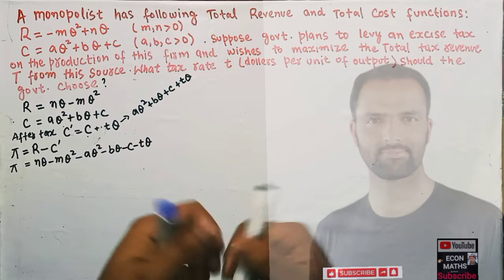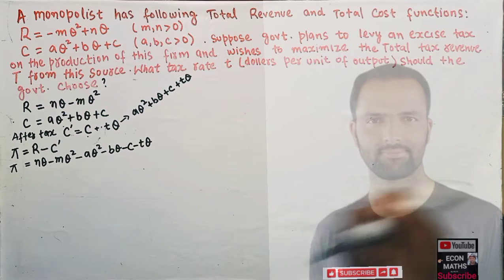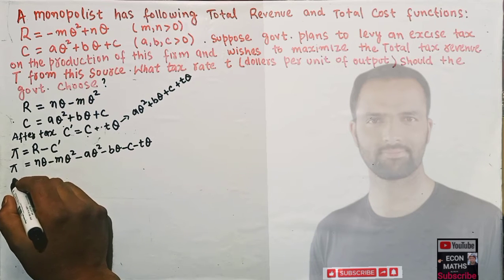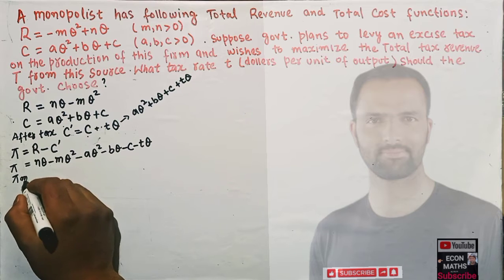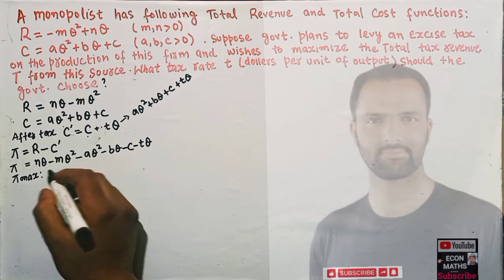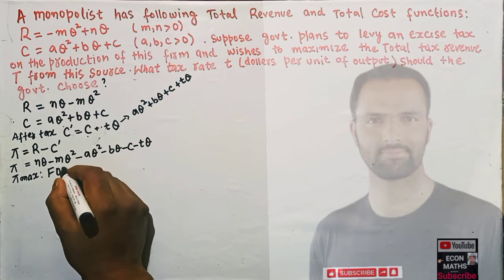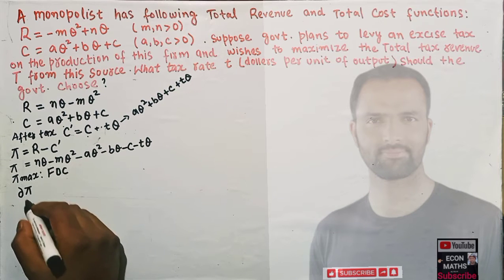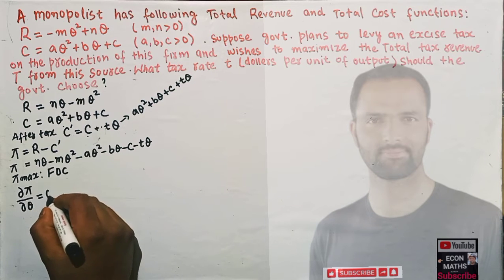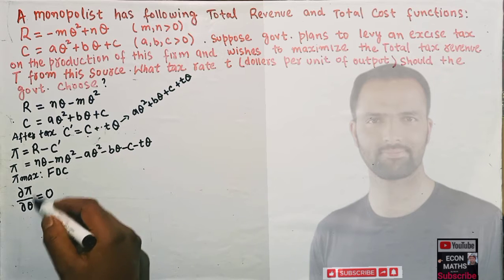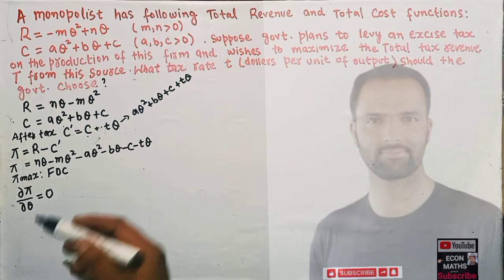Now what are the conditions for profit maximization? Profit maximization requires that we satisfy two conditions. The first order condition tells us that the derivative of profit with respect to quantity should be equal to 0. This is our profit function. We take the derivative of this profit function with respect to Q and set it equal to 0.